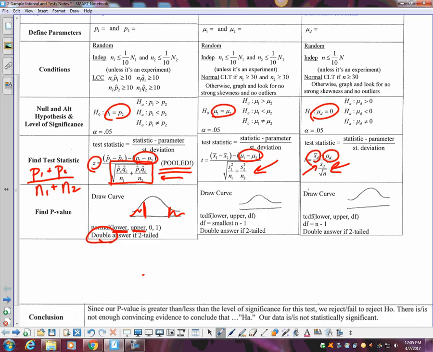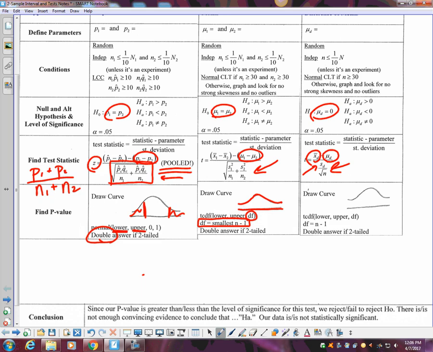TCDF, when you draw it, draw it so that they can tell that you know that it has thicker tails. And feel free to write a note out to the side, thicker tails, because it's a T distribution. You've got your lower and your upper and your degrees of freedom. Please write out the formula for degrees of freedom. You've got two samples. Most of the time they're the same, but sometimes they're not.